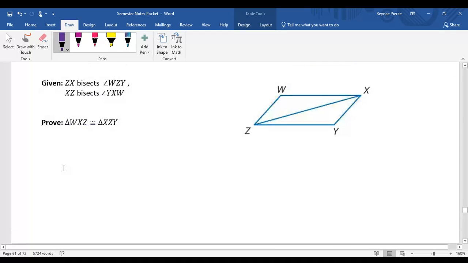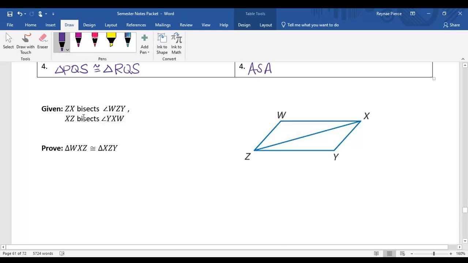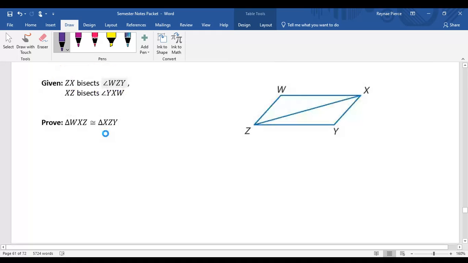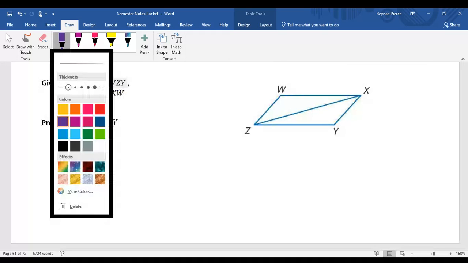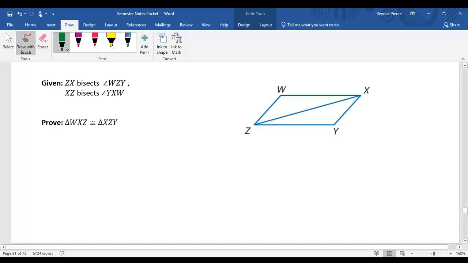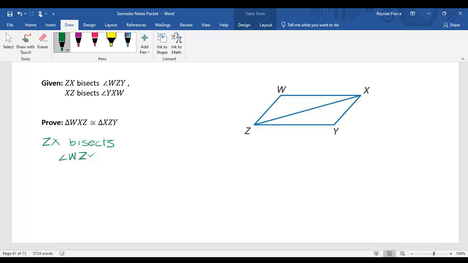Okay, now here we've got a flowchart proof that we're going to work on. Okay, first piece of given information is that ZX bisects angle WZY.